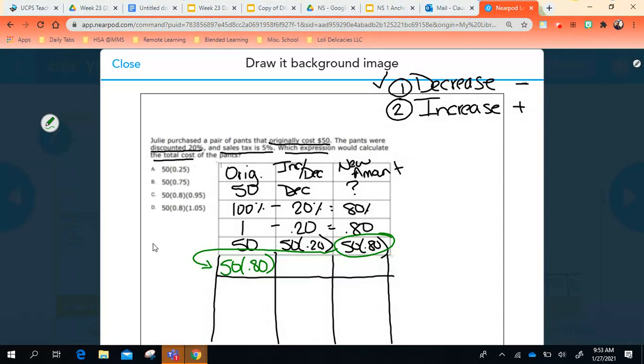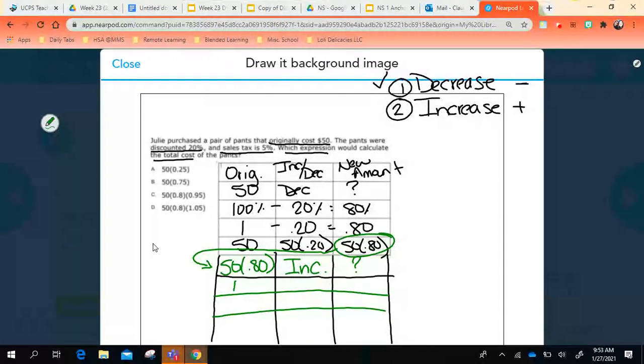So the second step runs through just like the first one. The only difference is that this is now my new original. We said it's an increase, but I still don't know my final price. My next 2 rows should look similar to these 2.